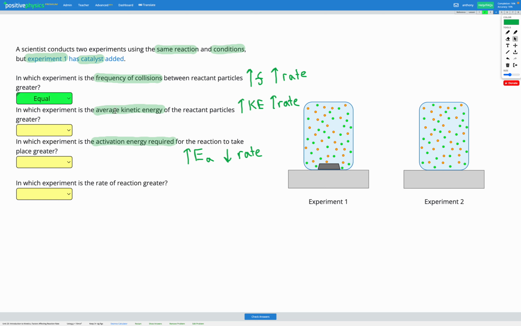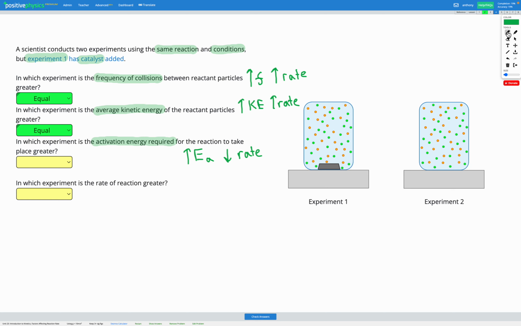Next, the average kinetic energy. Remember, that's to do with temperature. Both of these experiments have the same conditions, including temperature. So the temperature is going to be the same for both. The kinetic energy of the particles is going to be the same for both. Lastly, for the activation energy. Remember, this has to do with a catalyst. Experiment 1 has a catalyst, and the catalyst lowers the activation energy.